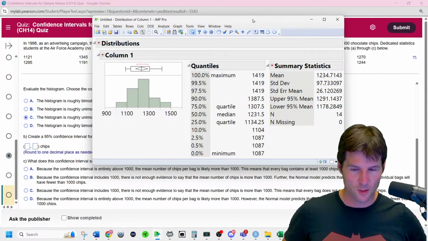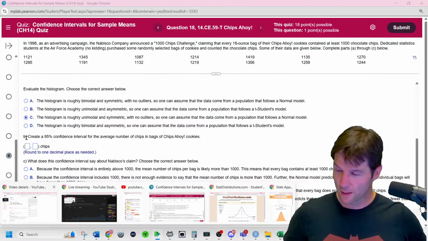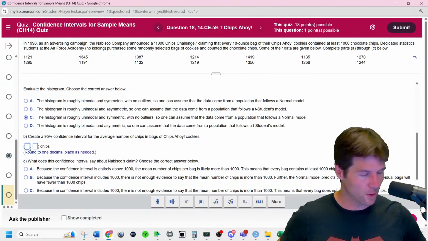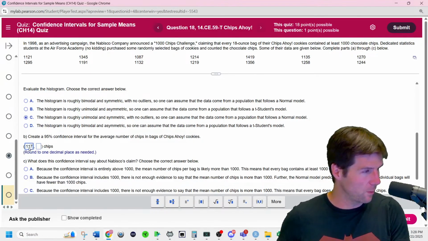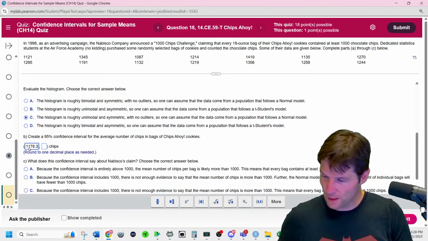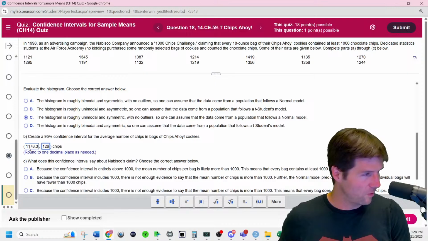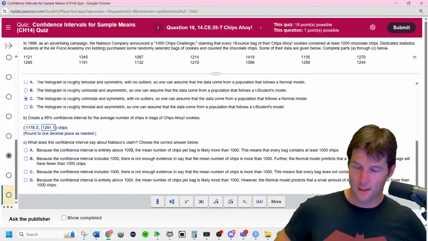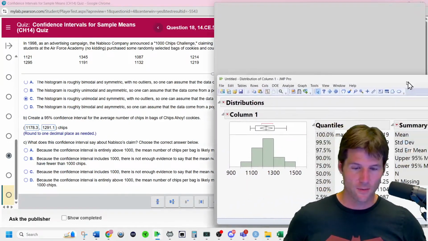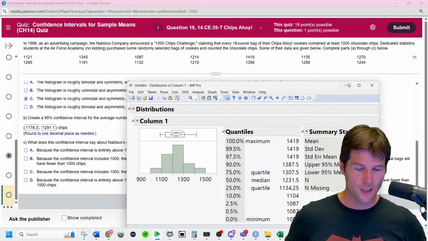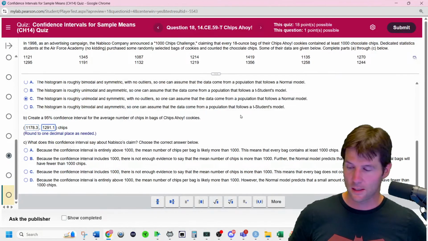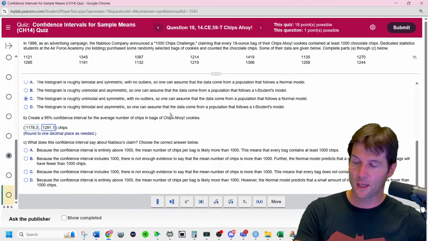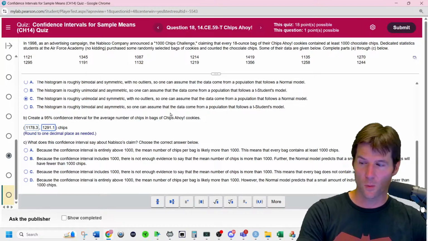All we're going to do is put in the numbers. I'm going to put it over here so I can see it on the other screen. I'm just typing in the lower value and the upper. It's to 1 decimal, so 1178.3. And then the upper value is 1291.1. I am 95% confident that the true mean chips in a bag is contained in the interval 1178.3 to 1291.1.